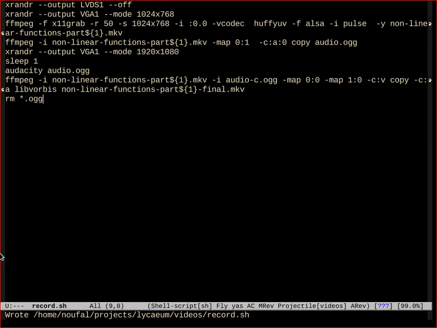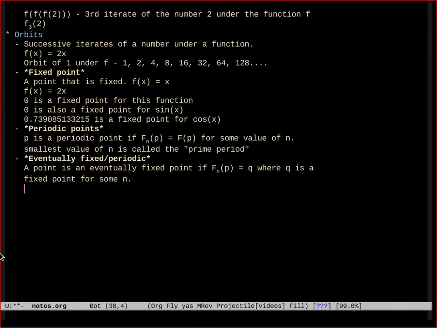All right. So let's put some examples over here. Let's just say f of x equals 1 by x. All points other than 1, minus 1, and 0 are eventually fixed.